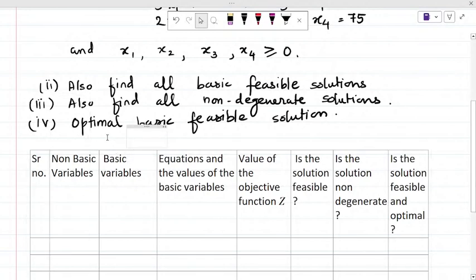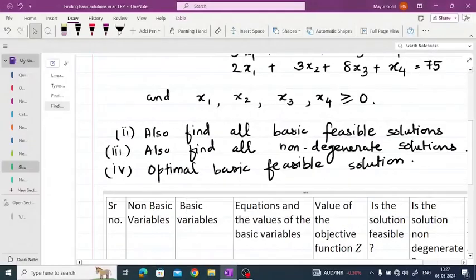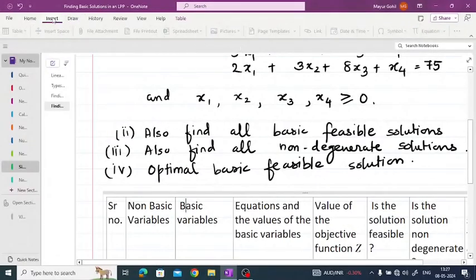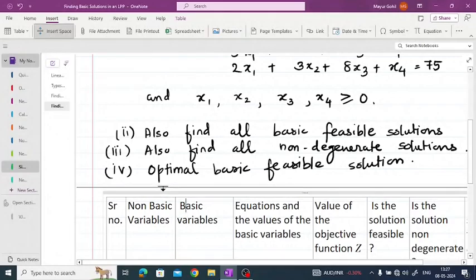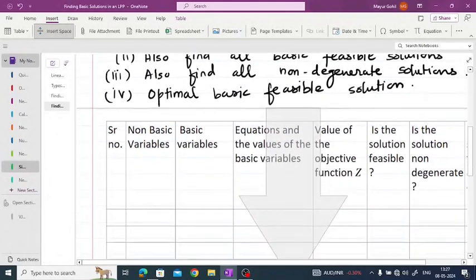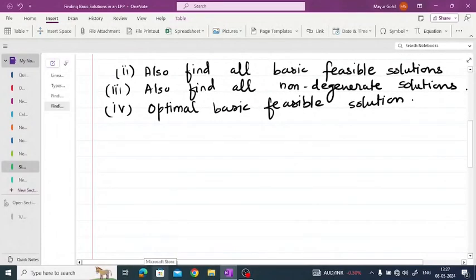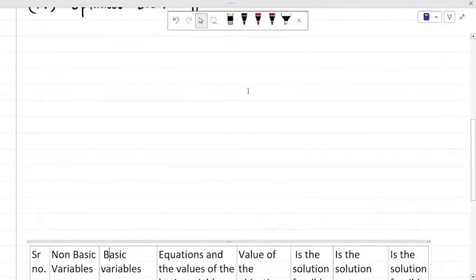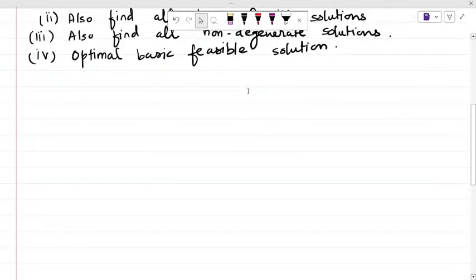I'll just insert some space over here so that we can write down the basic theory. Now we will write down the basic theory. So what do we do in this case? The first thing that we will do is write down the question.